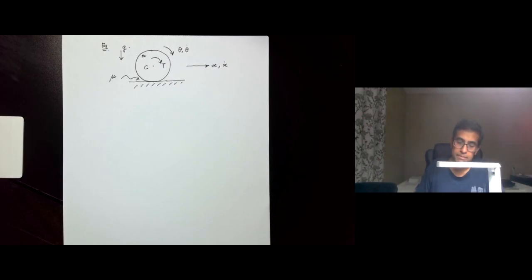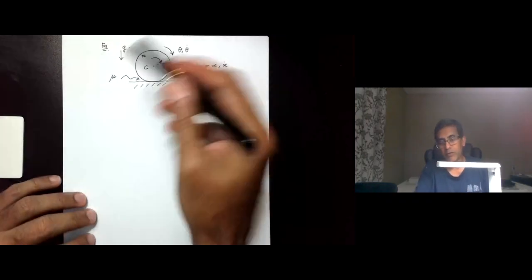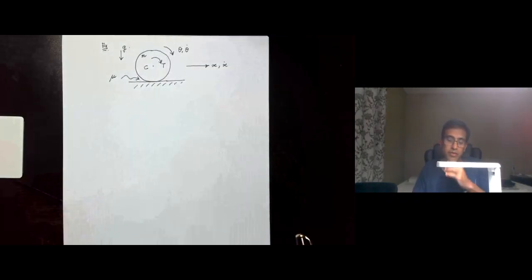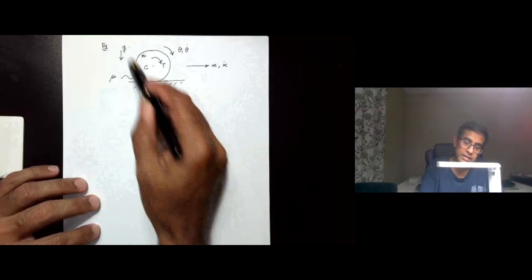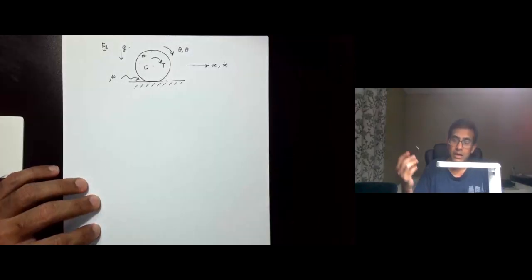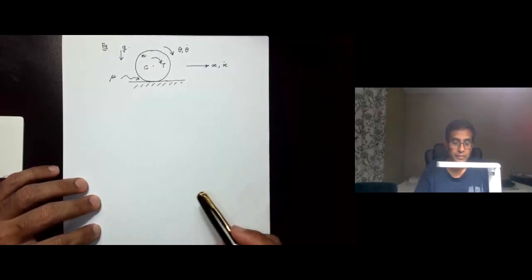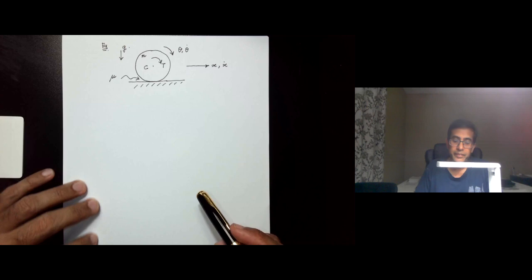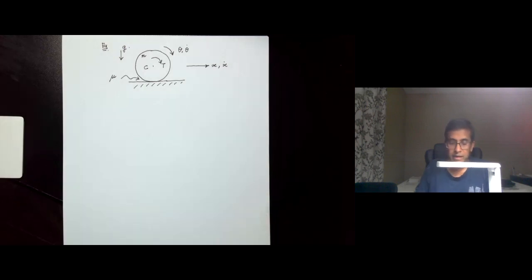So that is how we analyze the motion of a wheel where there is an internal torque. You can consider this single wheel to be one wheel of a vehicle, and the torque is being transmitted to this wheel.